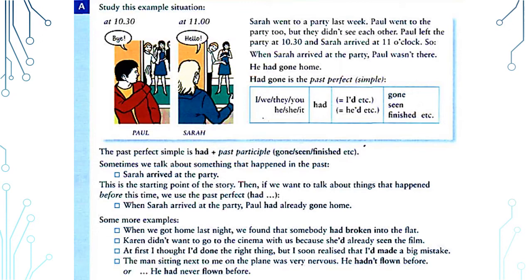At first, I thought I had done the right thing, but I soon realized that I had made a big mistake. The man sitting next to me on the plane was very nervous. He hadn't flown before, or he had never flown before.